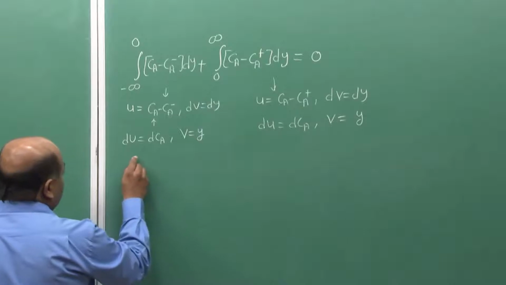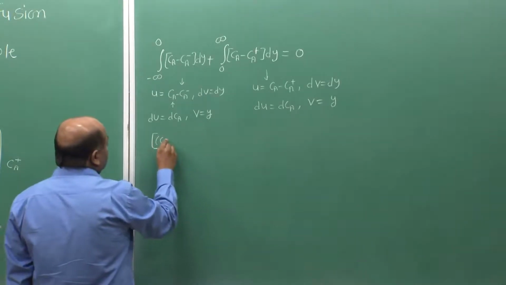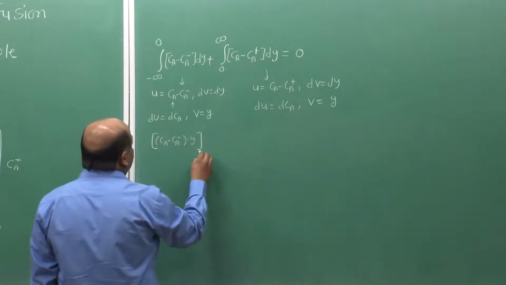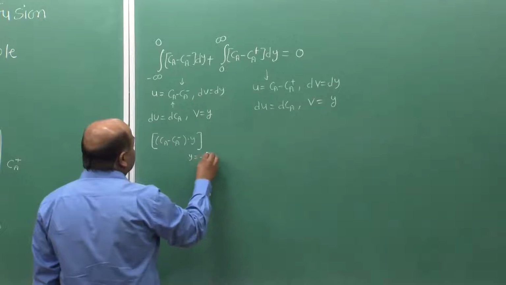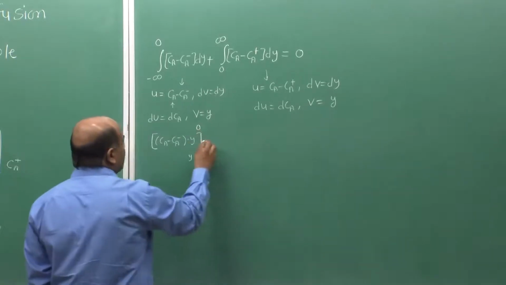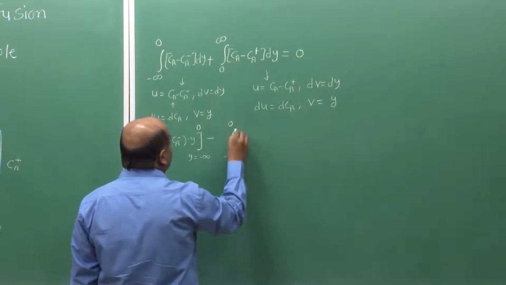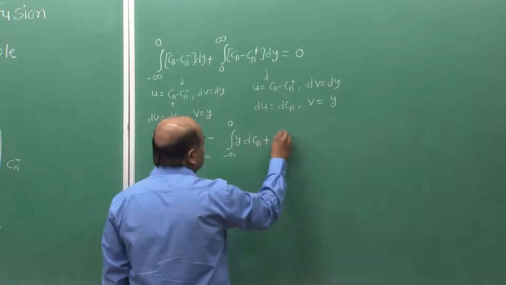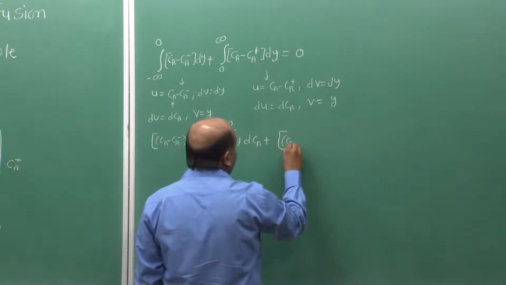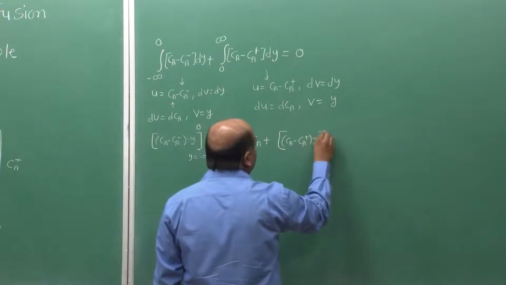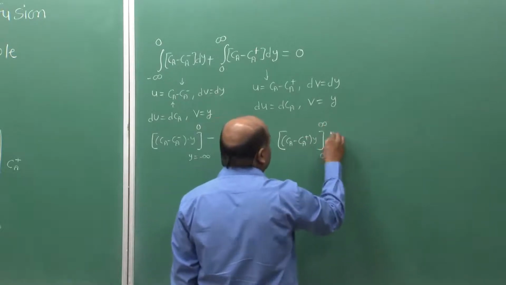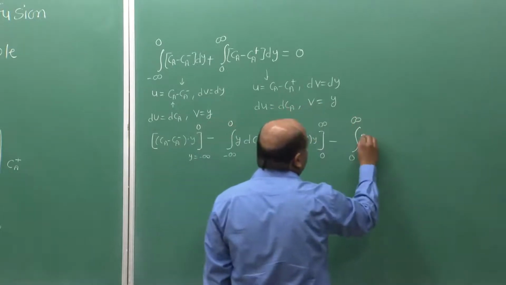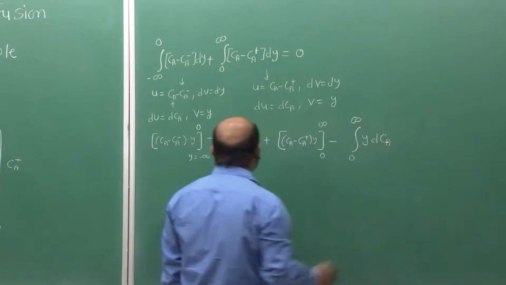So, if we do uv, we get Ca minus Ca minus times y from y equal to minus infinity to y equal to 0, minus the integral from minus infinity to 0 of v du, y dCa, plus, on this side, uv is Ca minus Ca plus times y from 0 to plus infinity, minus the integral from 0 to plus infinity of v du, which is y dCa.